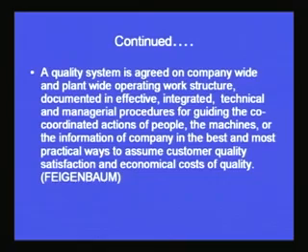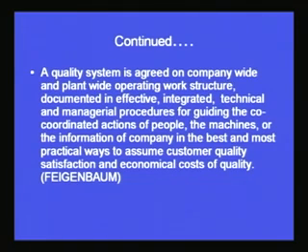A quality system is agreed on company wide and plant wide operating work structure, documented in effective integrated technical and managerial procedures for guiding the coordinated actions of people, the machines or the information of the company in the best and most practical ways to assure customer quality satisfaction and economical costs of quality.